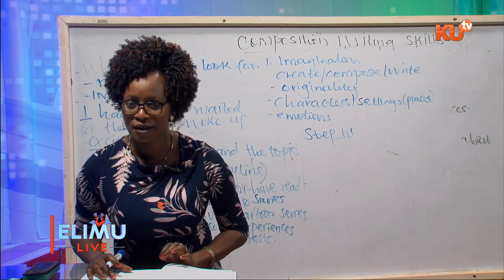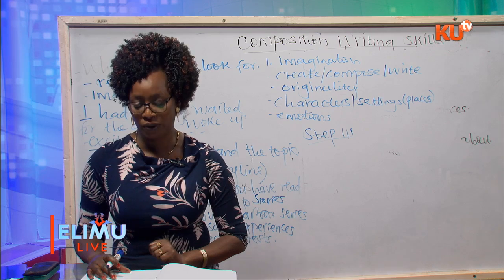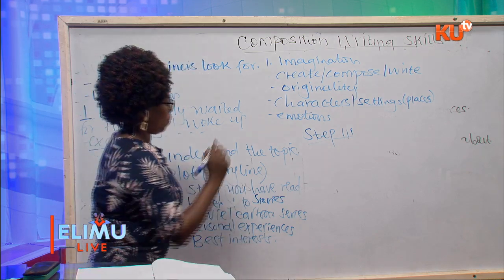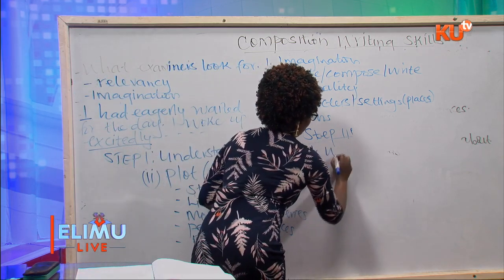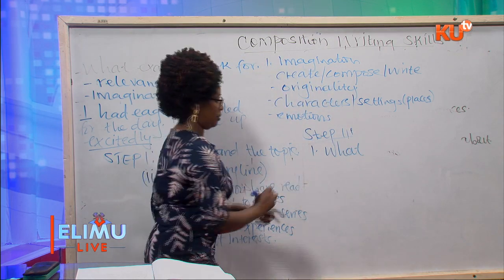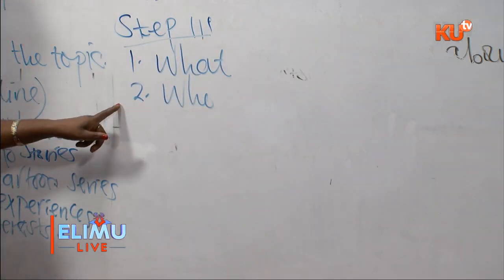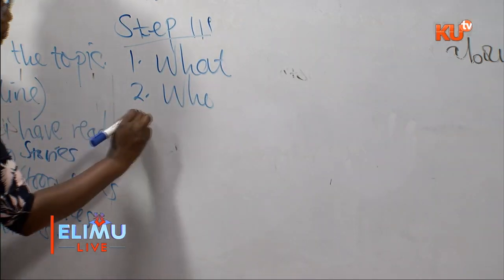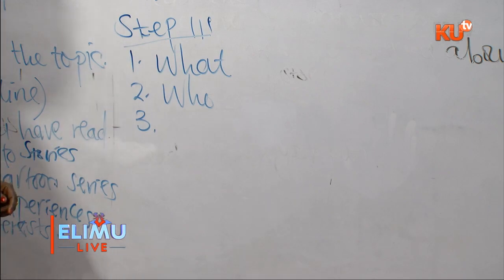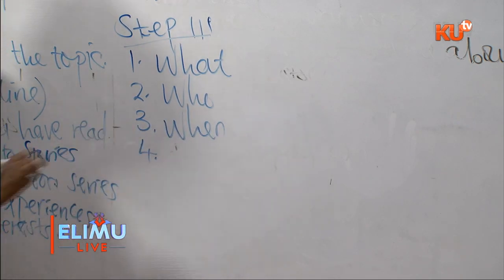You will ask yourself 5 questions that I'm going to write on the board. 1. What happened? 2. Who is involved? 3. When did these things happen?